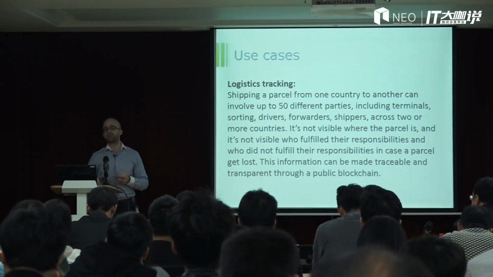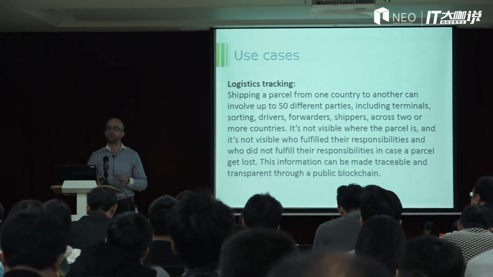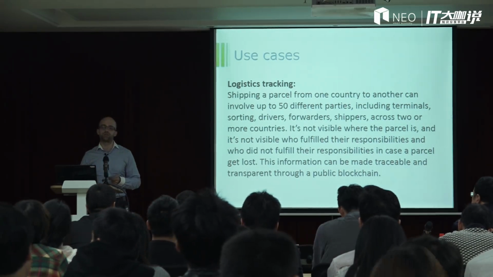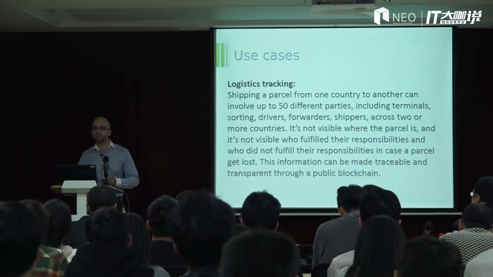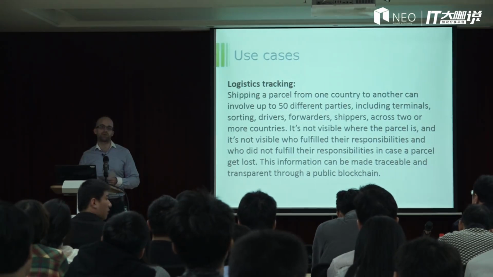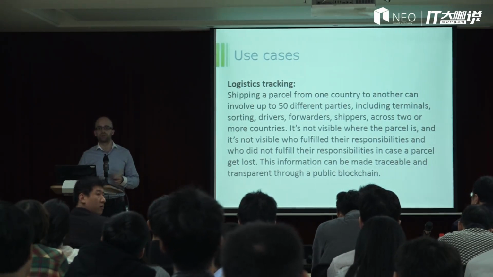So this is a good example where blockchain technology can be used for public information, where you track each step in the logistic chain and make it publicly available, so that everybody knows where the parcel is located, and in case it gets lost, you know which party is responsible for the loss.